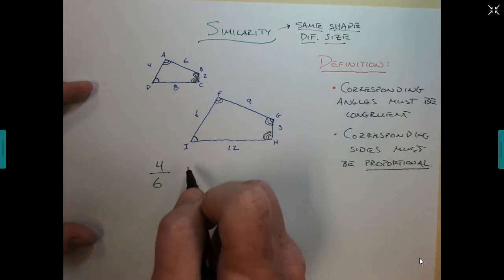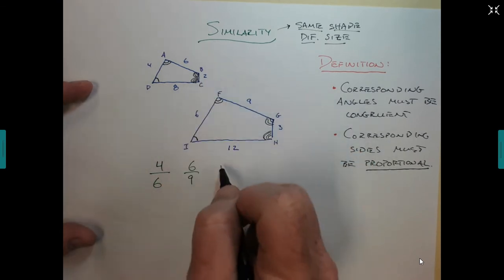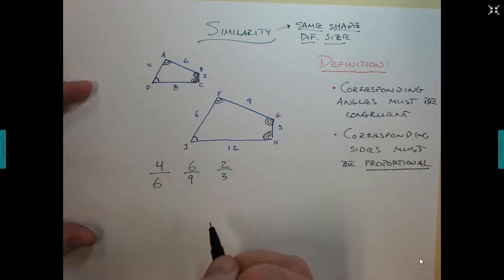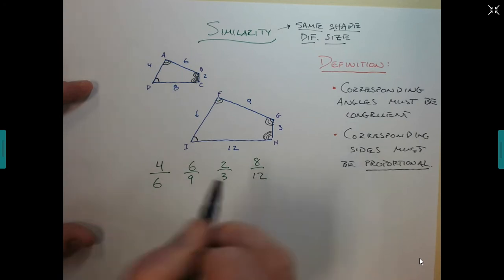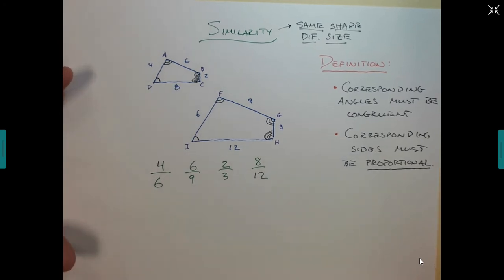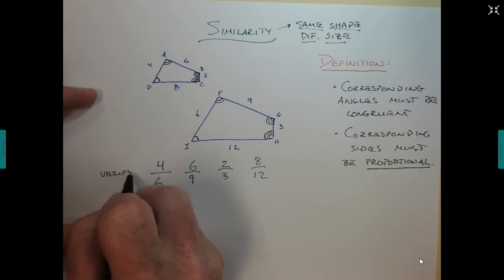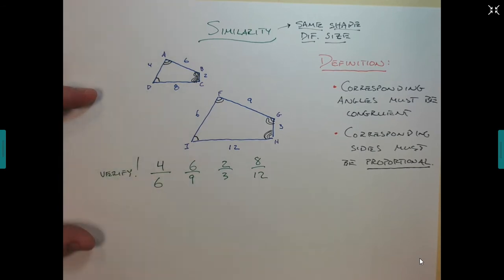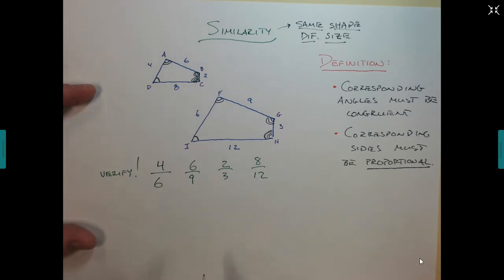So let's make them all. If we have 6 compared to 9, we have 2 compared to 3, and then we have 8 compared to 12. The question is, how do we verify? You need to investigate whether these are all the same. One way to do that, as we've talked about, is you can cross multiply and go all the way through.